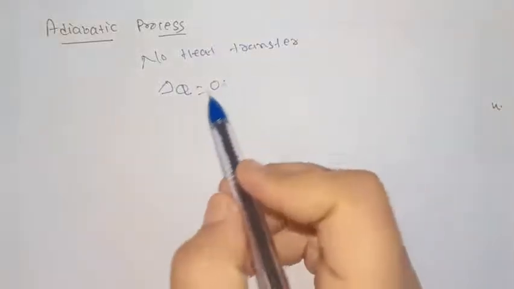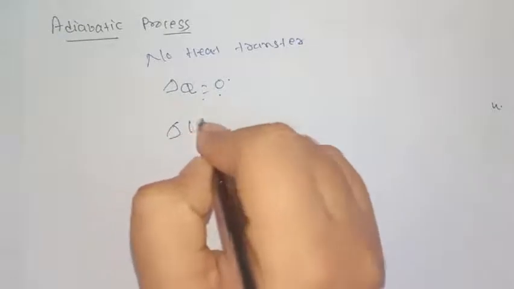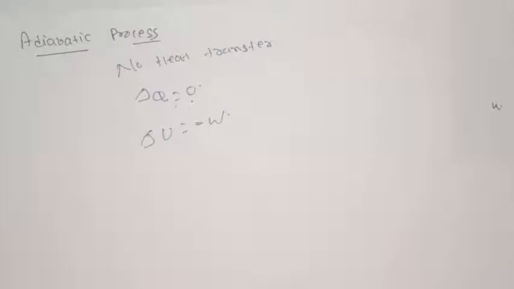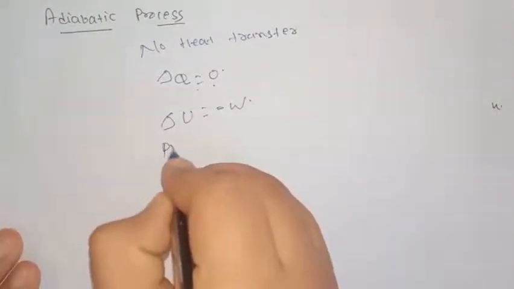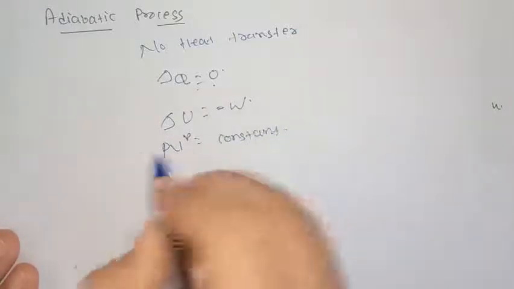If delta Q is equal to 0, then delta U will be equal to minus W. Hence, we can see that the work done by the gas results in a decrease in internal energy. For an adiabatic process of an ideal gas, we can write PV^gamma is equal to constant.